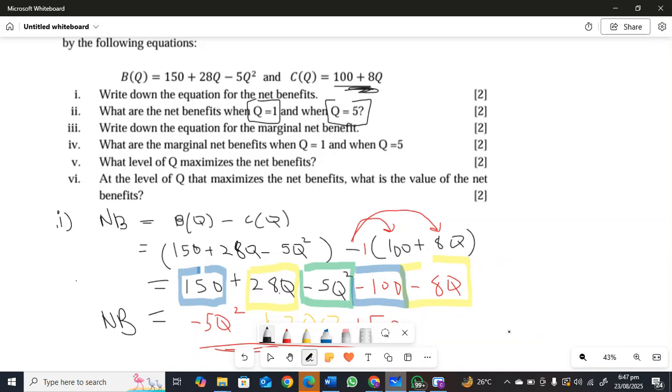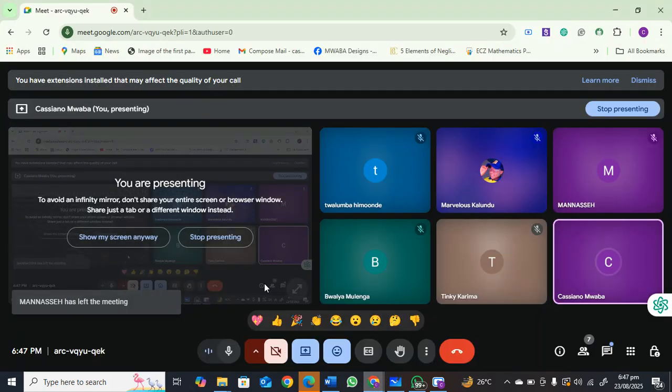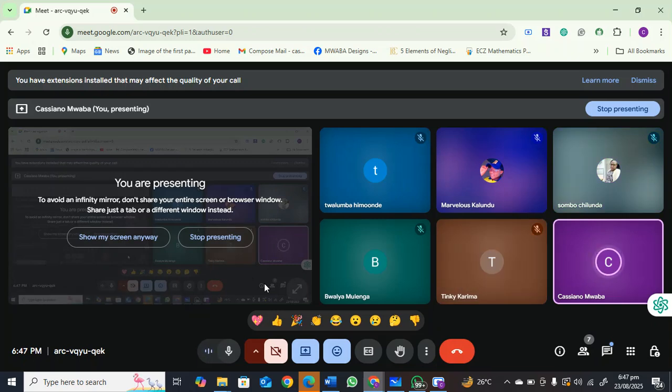Now, colleagues, what are these benefits that we're talking about? Think of it like a company. Yes, it can be a producing company. Since we've got quantity there, think of it like you produce things.